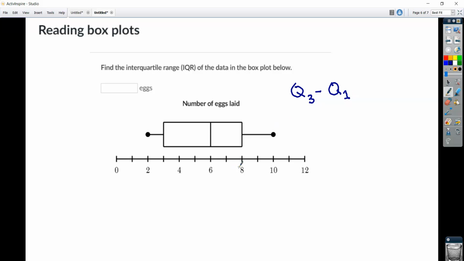In this case, the upper quartile is 8, so we would do 8 minus the lower quartile, which in this case is 3. So 8 minus 3 is equal to 5. So the answer for this question would be 5. And that's it. That is your interquartile range. Remember, IQR, or interquartile range, is Q3 minus Q1.